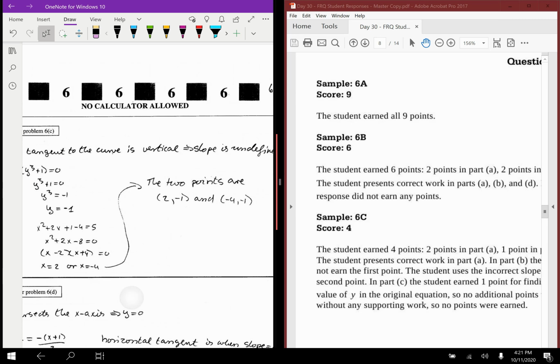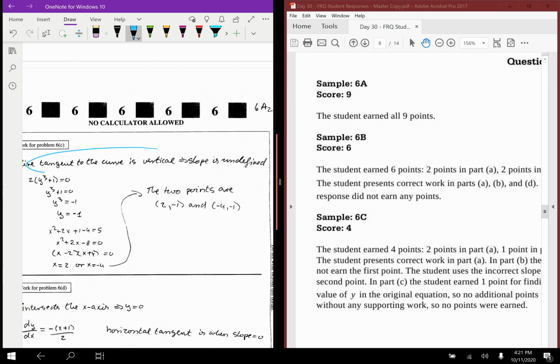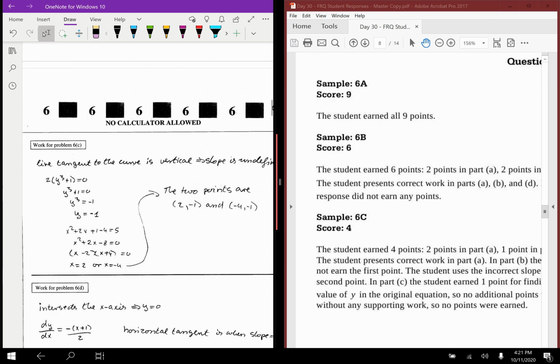I think it's a very, very good idea to explain why you're setting the denominator equal to 0. You might have gotten full points for this. However, it's never a bad thing to show your starting point and the reasoning for the starting point. On an AP exam, you always have to show a setup and a conclusion for every equation that you're solving, which means that you couldn't have just done this and then gone right to here, because you didn't show a setup to the equation you were trying to solve.